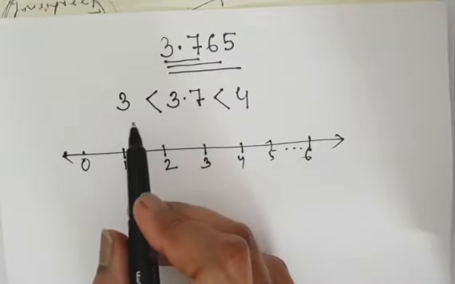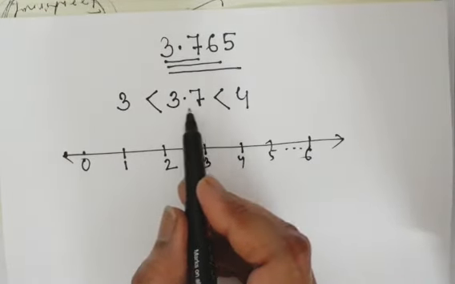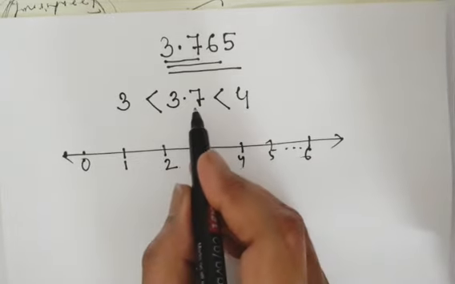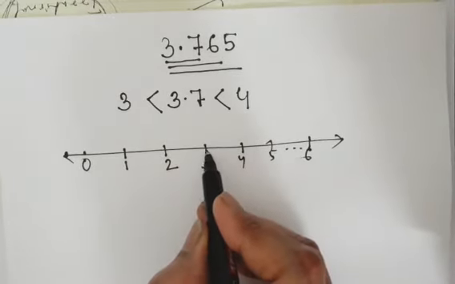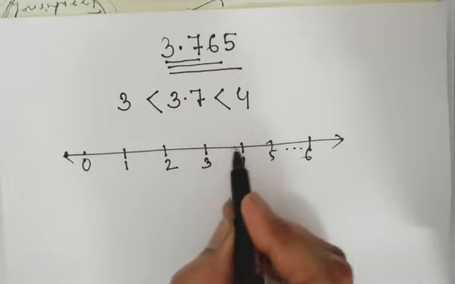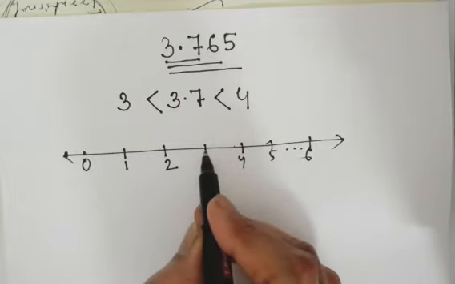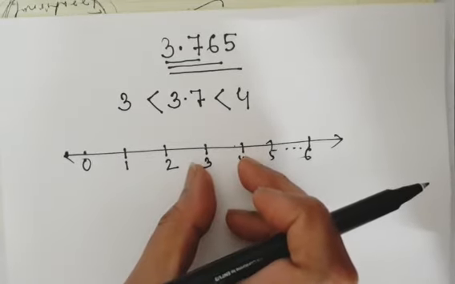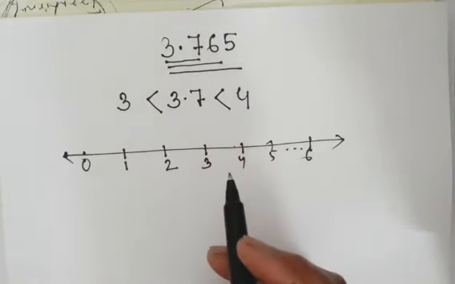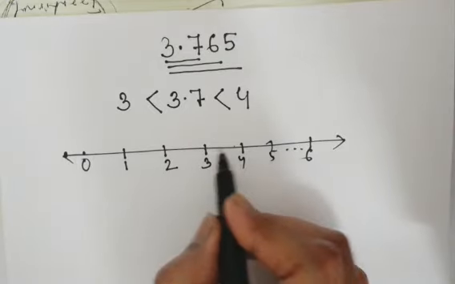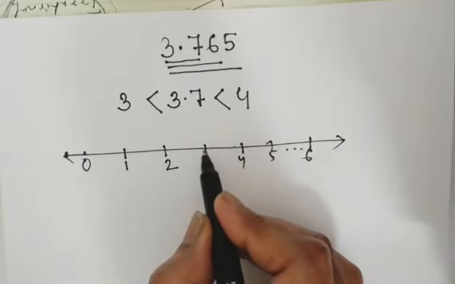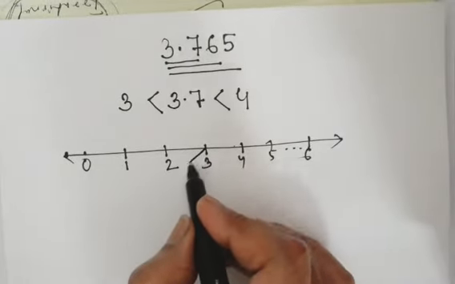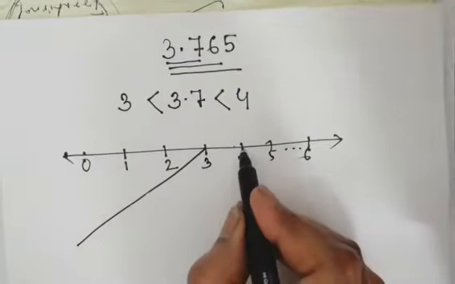Now since 3.7 lies between 3 and 4, 3.7 must be located in this range, between 3 and 4. But you see the line segment is so small, so let us just magnify it.